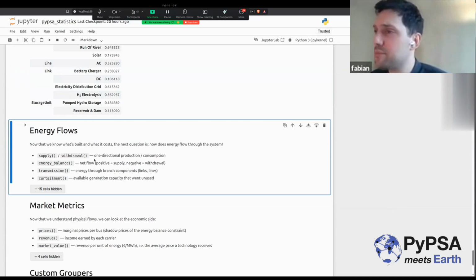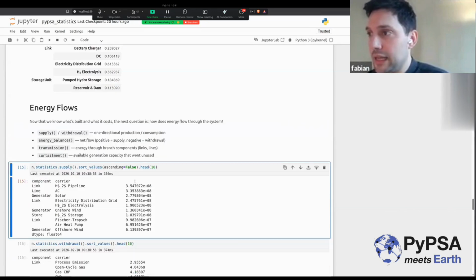What's going on there when it's producing power at most, when there's backup installations ramping up, and so on. And we can see this with these functions here: supply, withdrawal, energy balance, transmission, and curtailment. Again, that's a subset that we created, but we hope this suits you well.